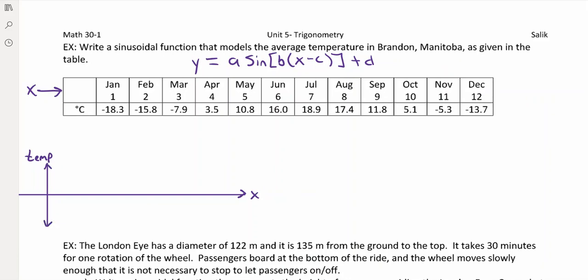Let's make some ticks here. There'll be our first tick for January: 1, 2, 3, 4, 5, 6, 7, 8, 9, 10, 11, 12.